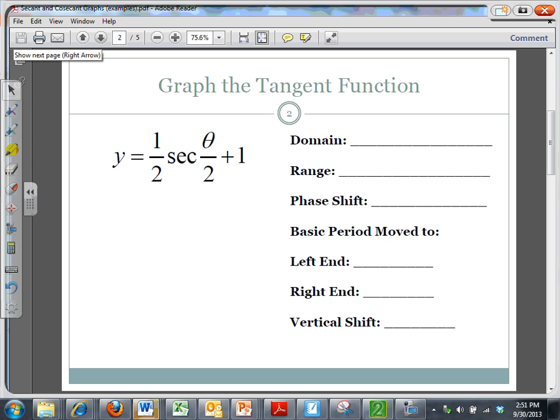Alright, so filling in my pertinent information, I had no phase shift. My left end was 0, my right end was 4 pi, and my vertical shift was up 1.